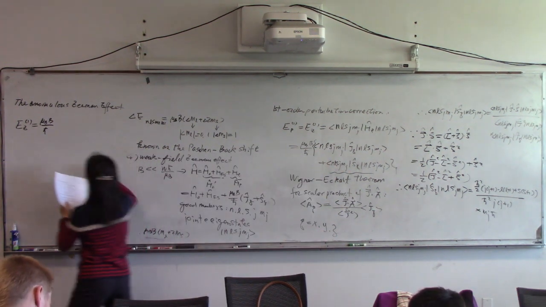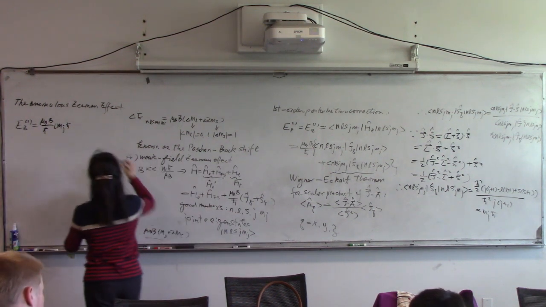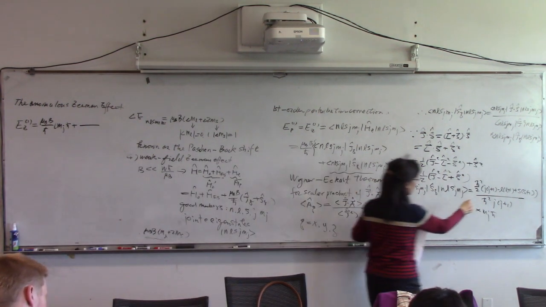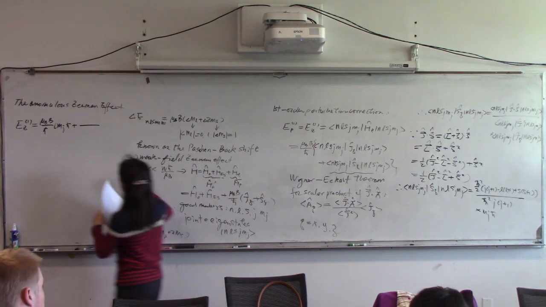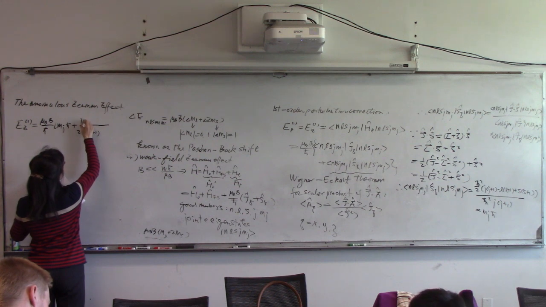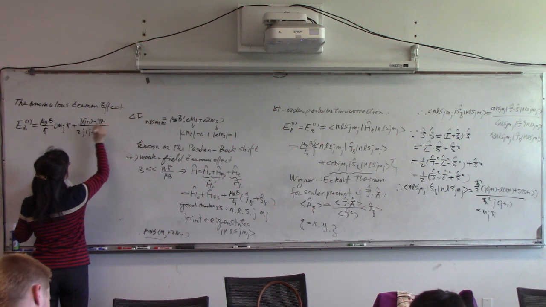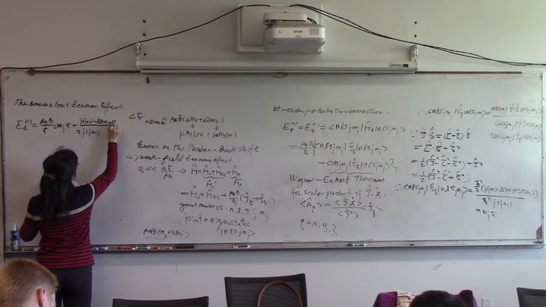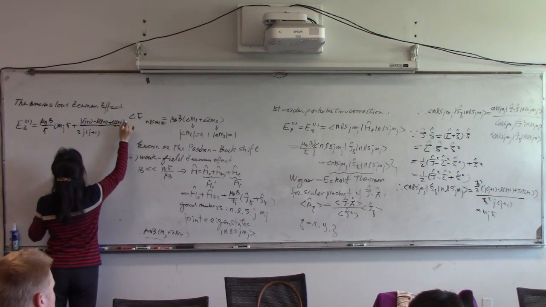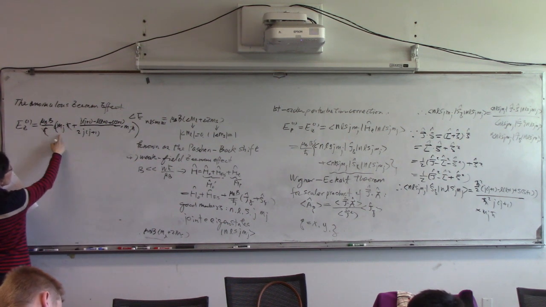Actually, let me write down m_j ħ, first term. The second one is that one. So ħ is already cancelled, right? So we have a half, j(j+1), and the numerator j(j+1) minus l(l+1) plus s(s+1). Now we have m_j ħ, right? So ħ cancels again, and I take m_j outside.